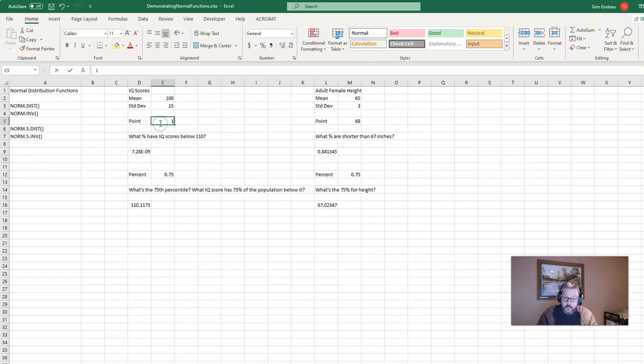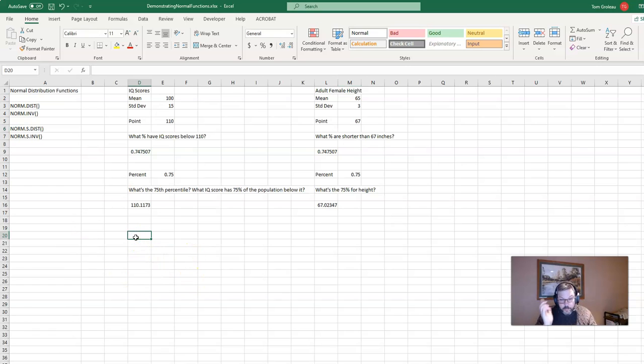And you'll notice I get the exact same percentile because I went a standard deviation. Well, that's using these functions. What about these? I'm going to go back to my 110 and my 67.